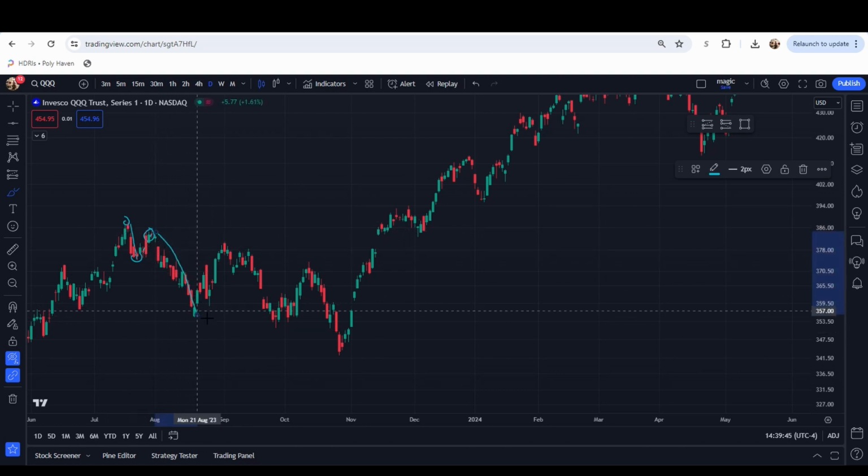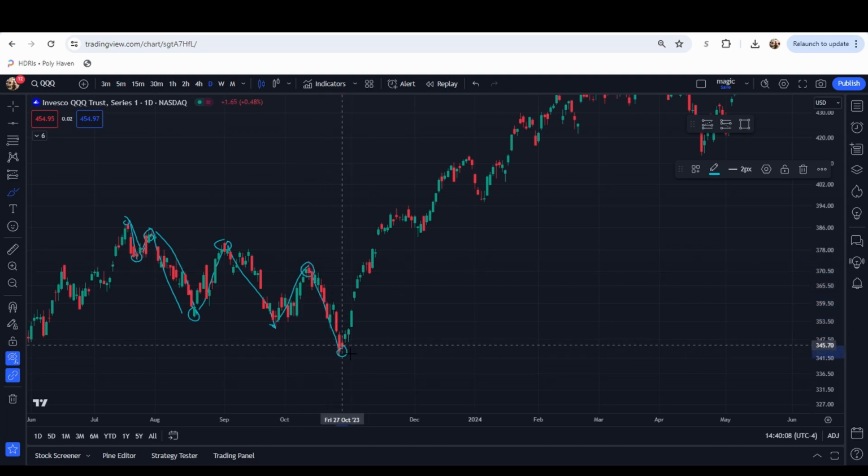And what do we do? We make a lower low. So now we have this zigzag type of pattern. Price comes up, makes a new high. This high is lower than that high. This low is lower than this low. This high is lower than this high. This low is lower than this low. That is a downtrend.